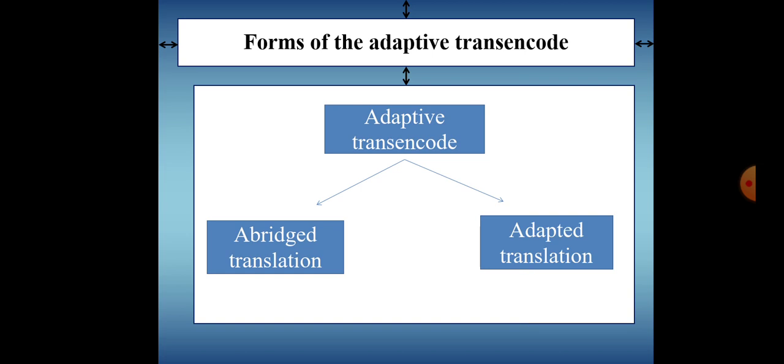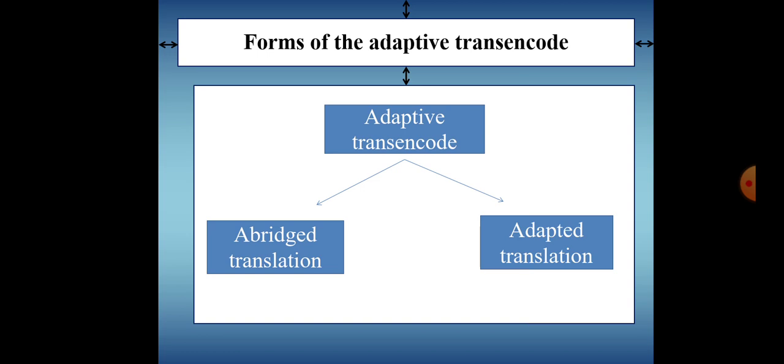Adaptive transcoding, like translation, presents a representation of a source language text's content in a target language. But unlike translation, the text being created is not aimed at being a full replacement of the original text. Adaptive transcoding can be presented as the union of two consecutive transformations, translation and adaptation made in the text.